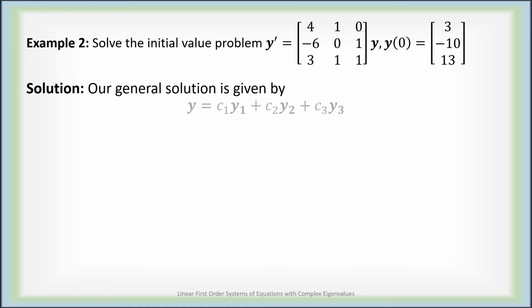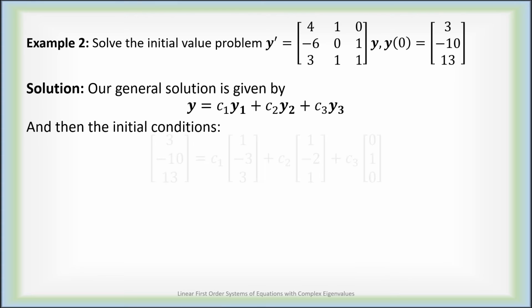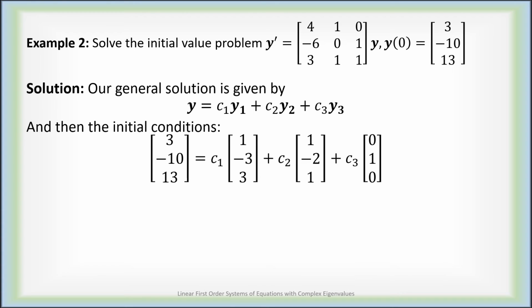Now, the general solution is a linear combination of the y1, y2, and y3 that we already found. We go ahead and plug our initial conditions into this expression. On the left, our given initial conditions was 3, minus 10, 13. But on the previous slide, we worked out the initial conditions of y1, y2, and y3 respectively. So in the top row, c1 plus c2 must equal 3.